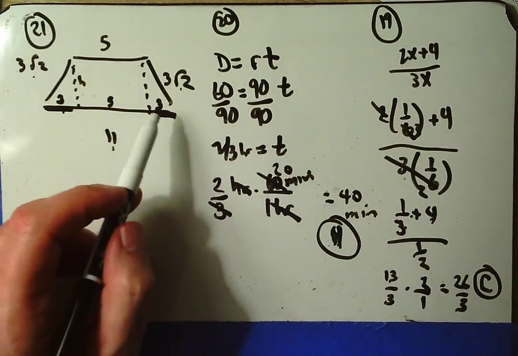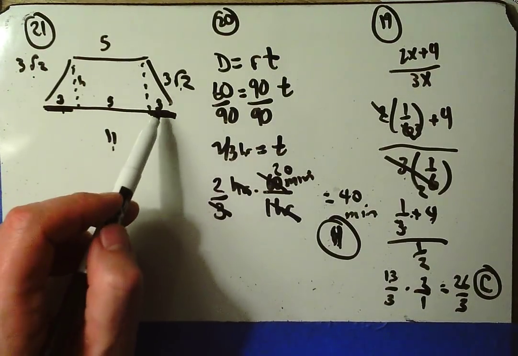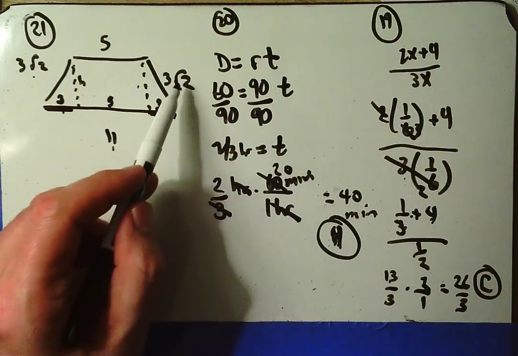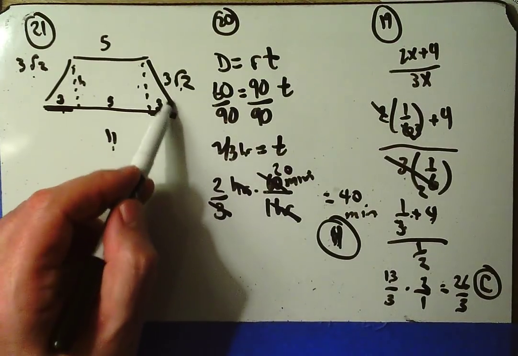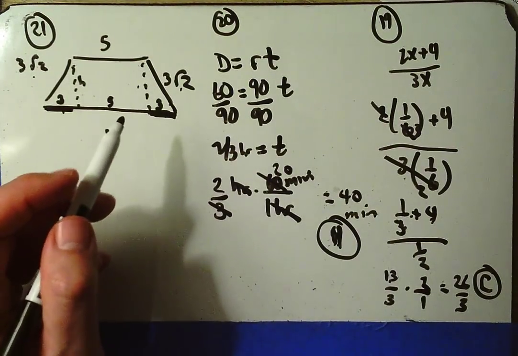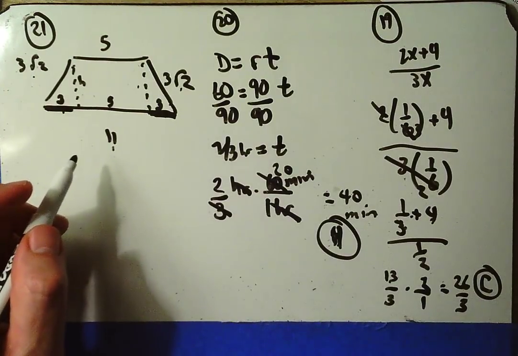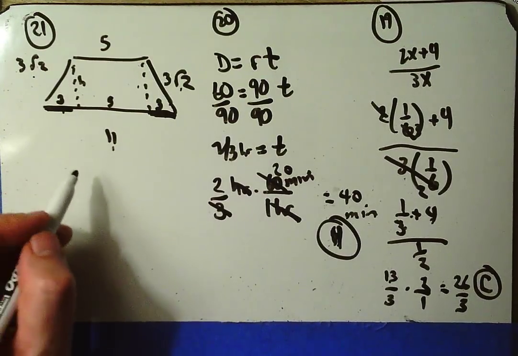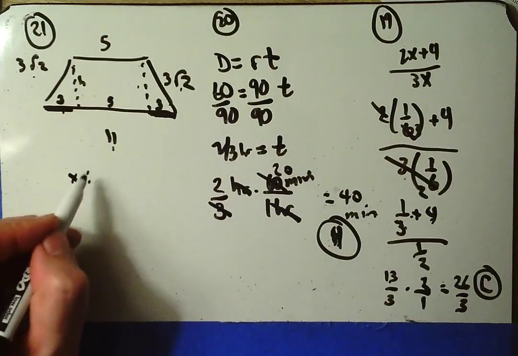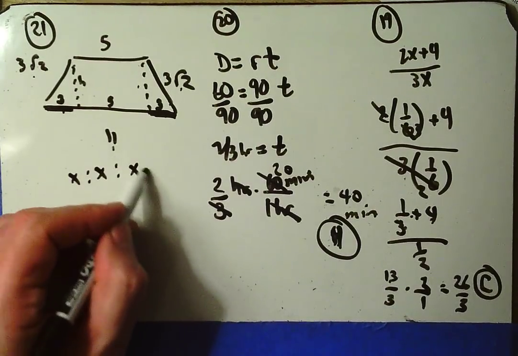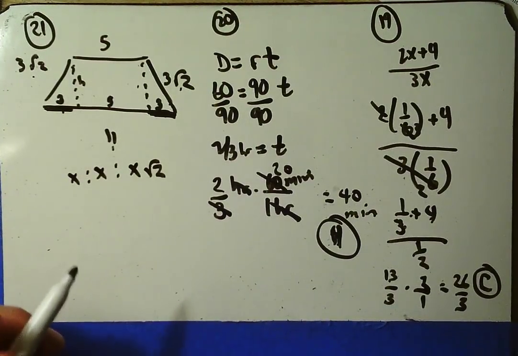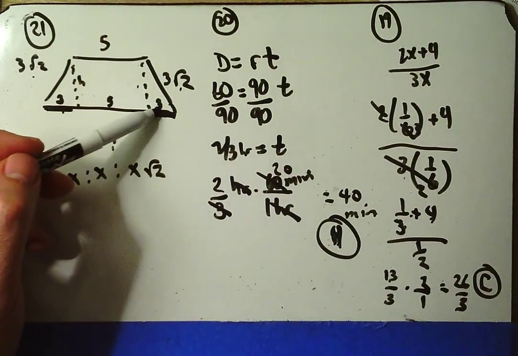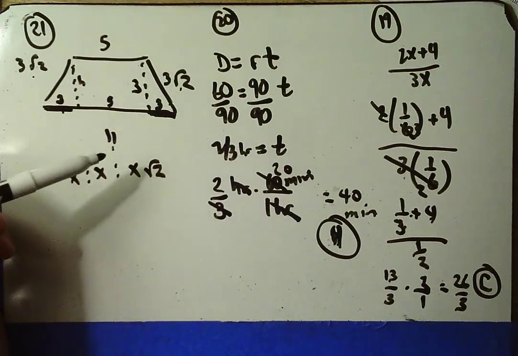And what kind of triangle is this that has 3 something and 3 root 2? Well, hopefully you recognize the special right triangle 45, 45, 90, whose relationship is x, x, x root 2 for the hypotenuse. So if this is 3, then this also must be 3.